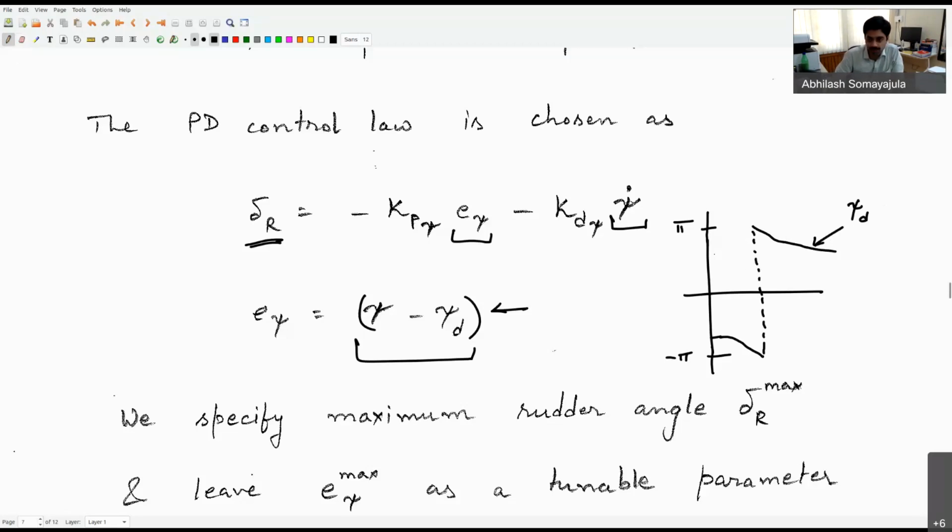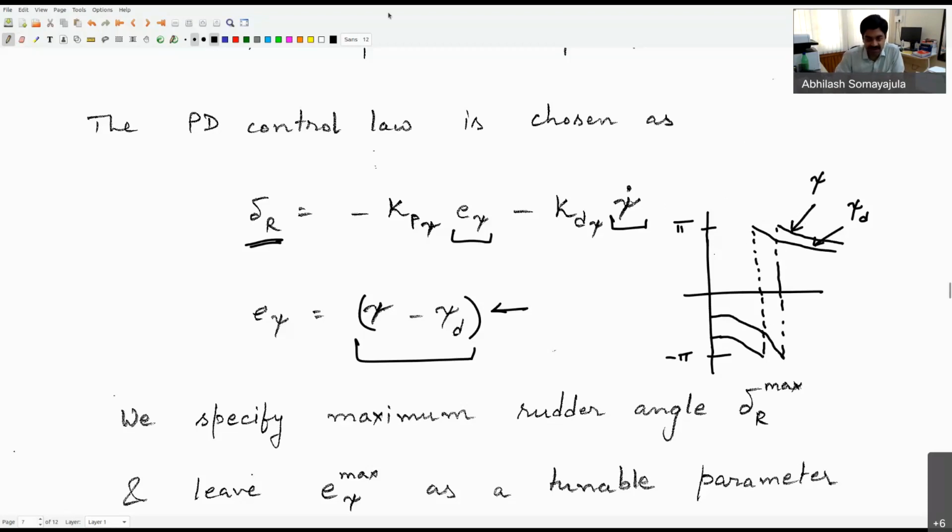So that is my desired value of psi. And let's say the actual value of psi is varying something like that. Let's say this outer one is psi.